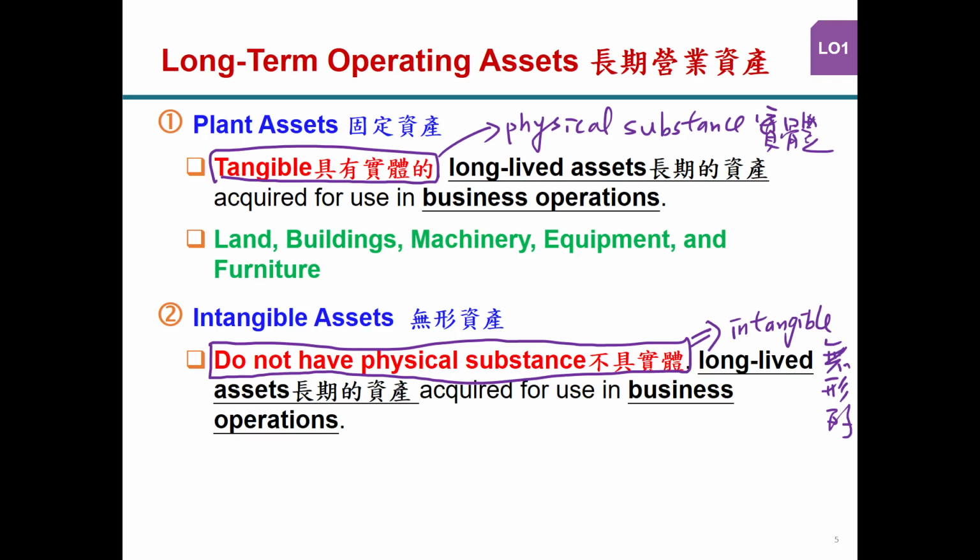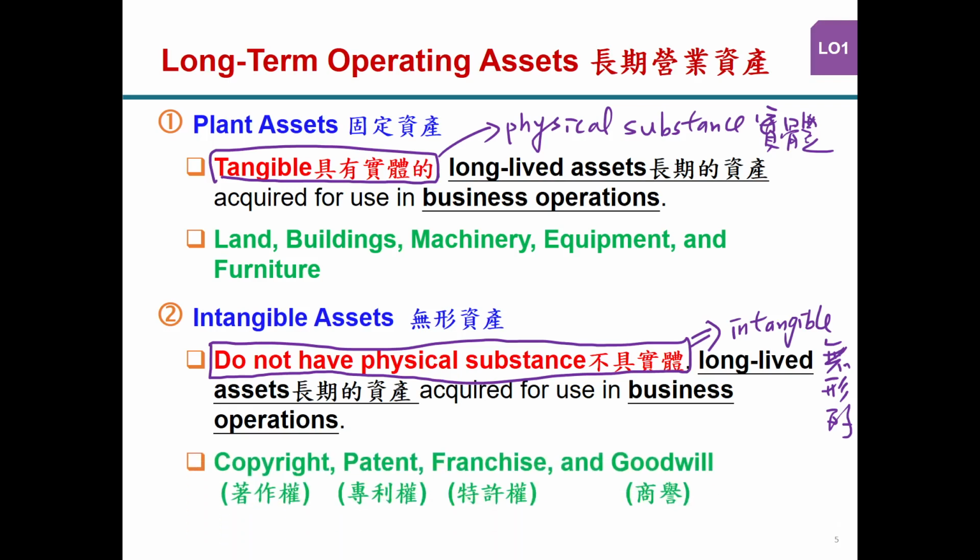Building 1, building 2, building 3, building 6, building 7, right? Do you know what the buildings look like? Yes. Could you touch the buildings? Yes, of course. So intangible assets are like what? Copyright, 著作权, patent, 专利权, franchise, 特许权, goodwill, 商誉. So they are our intangible assets.